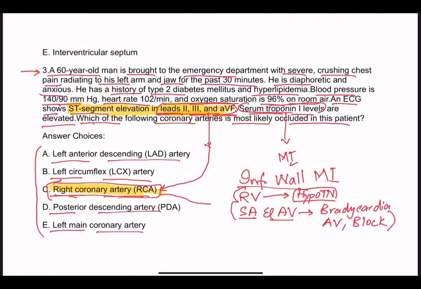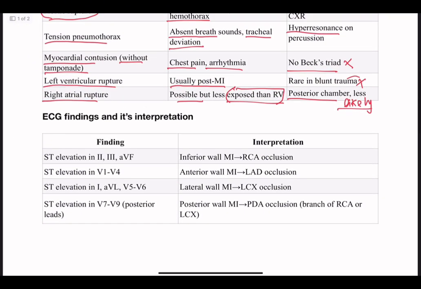Now let's go through the ECG findings and their interpretation. Whenever we have an ST segment elevation in leads 2, 3 and aVF, this shows that we have an inferior wall MI, which is due to an occlusion of the right coronary artery.